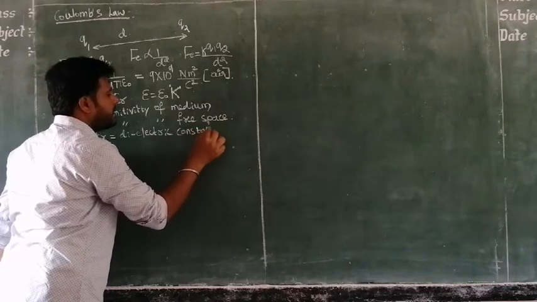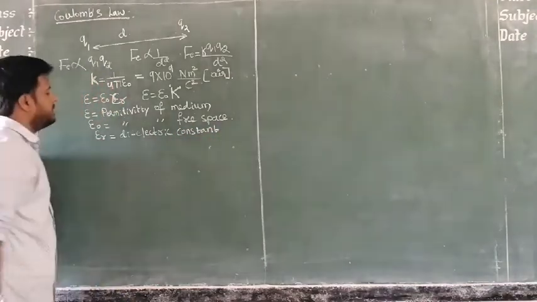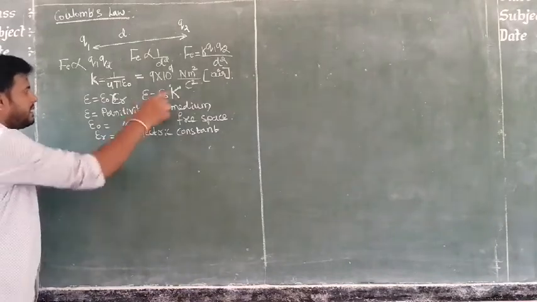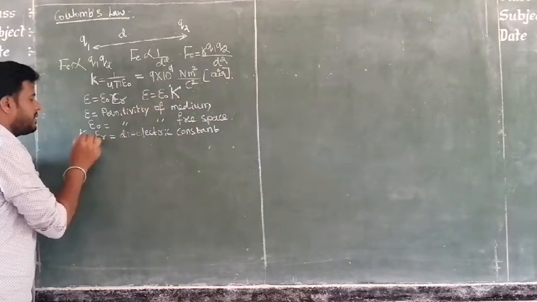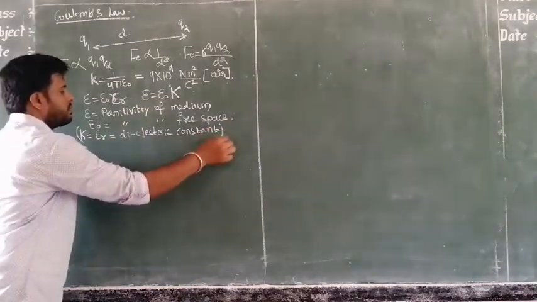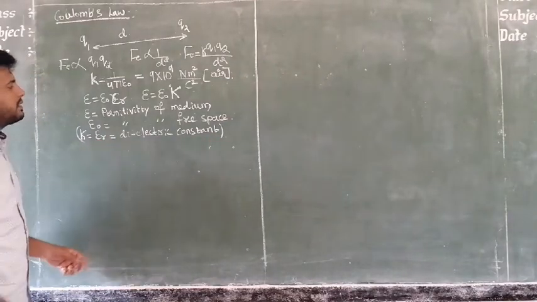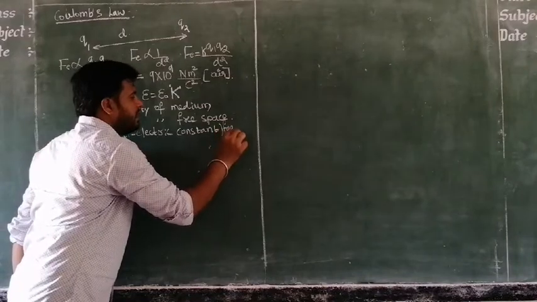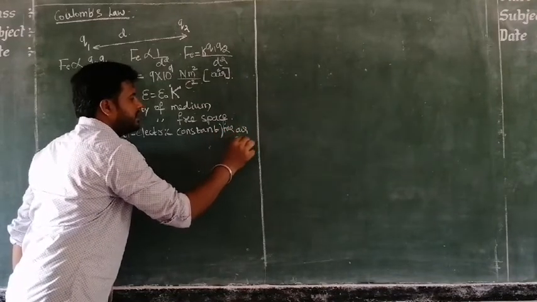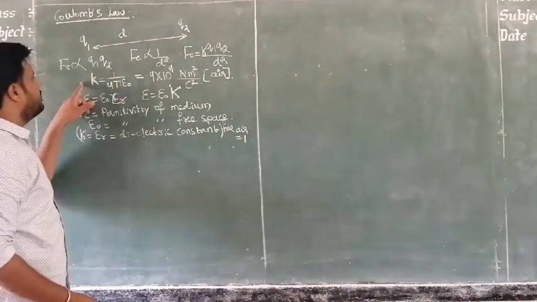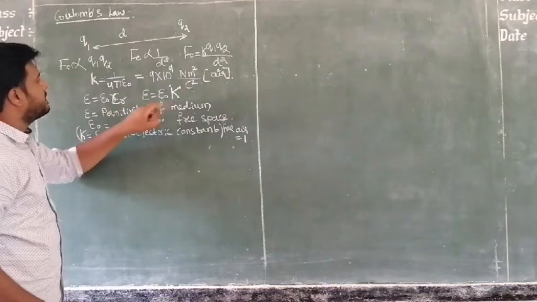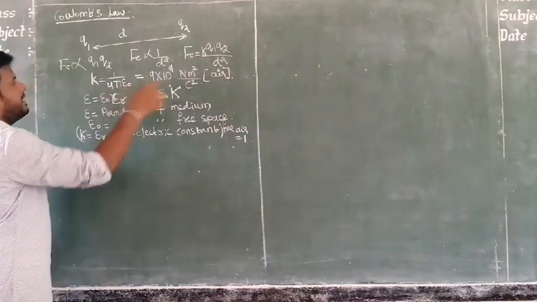It is what? Dielectric constant. For air, we can write here capital K and epsilon naught. Epsilon r equals the dielectric constant. For air, its value equals 1. So we'll write it like this for air.